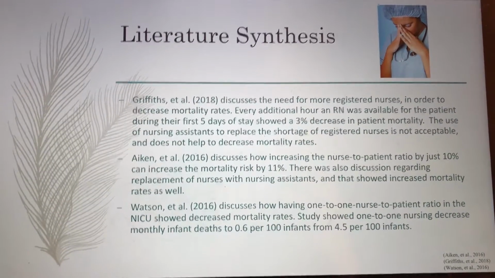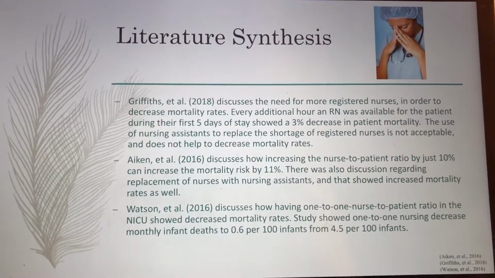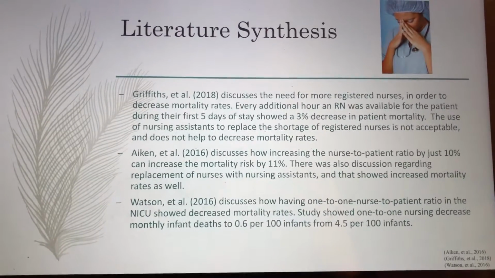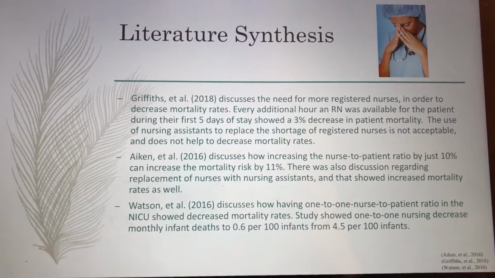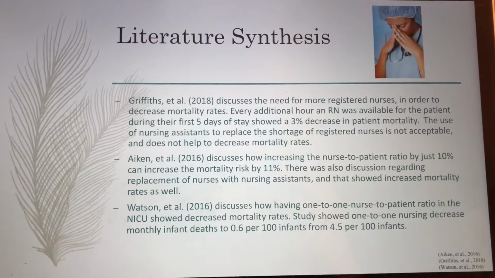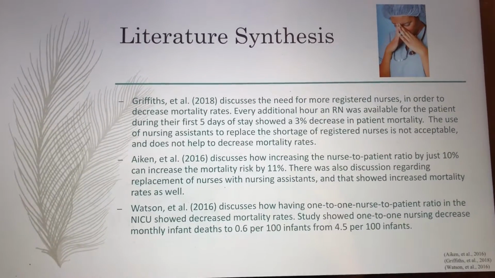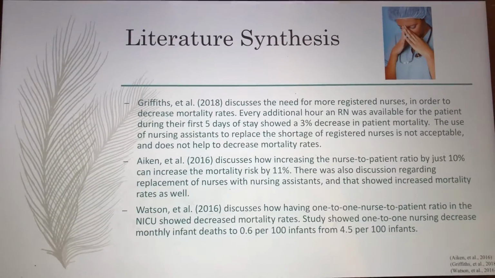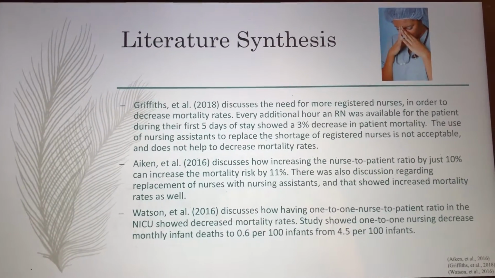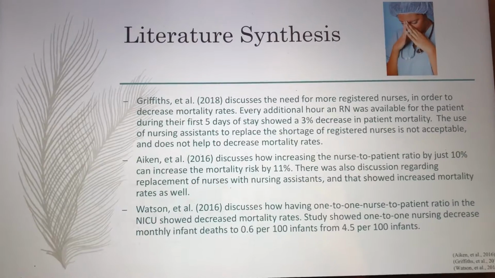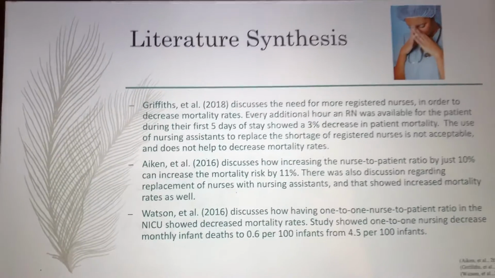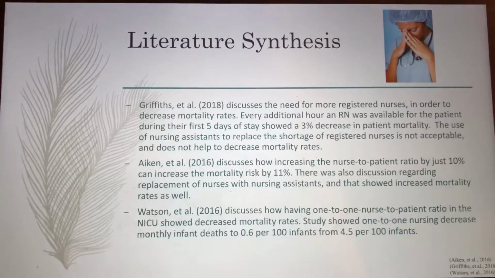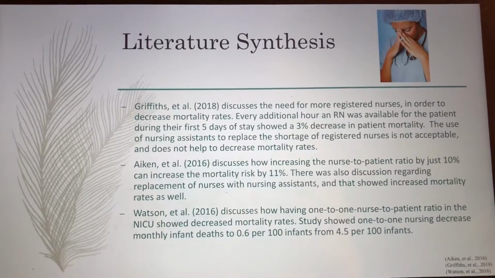So this just shows how important it is that we do have adequate nurse-to-patient ratios, so we can adequately care for our patients. This also looked at nursing assistants, and the use of nursing assistants to replace the shortage of a registered nurse is not acceptable, and it does not help to decrease mortality rates. So we really just need adequate nurse-to-patient ratios.